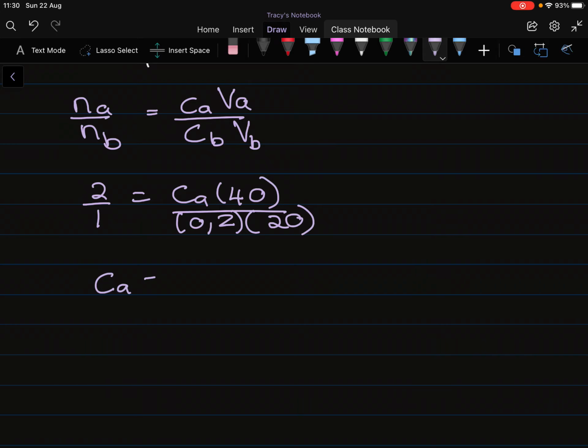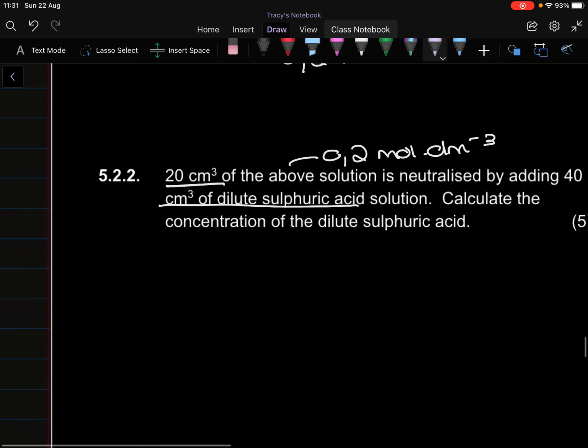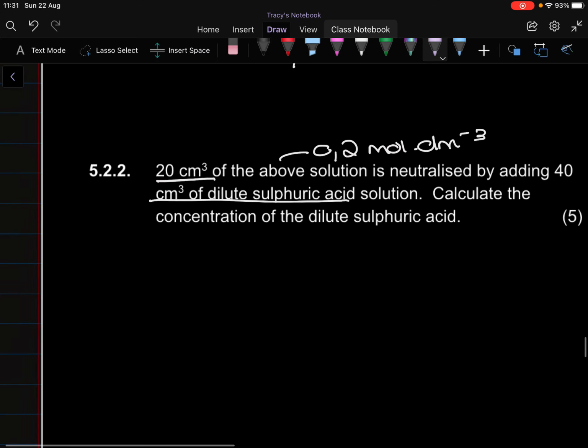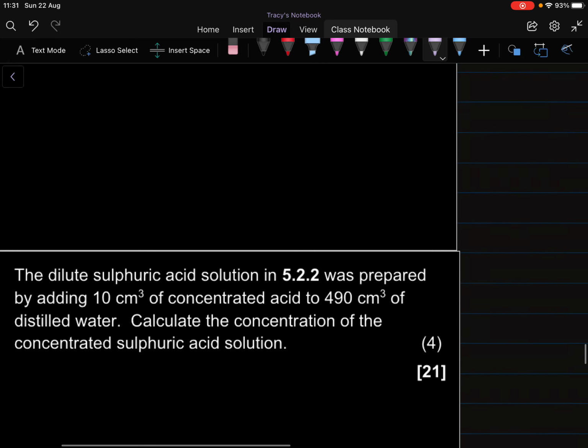my acid, I think I've made a mistake here. Let me just quickly look. We used 20, no, I don't have them the wrong way around.